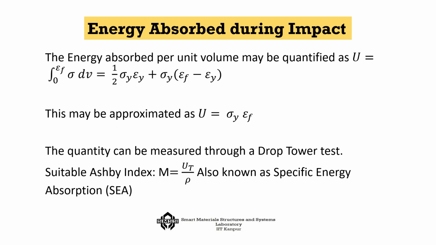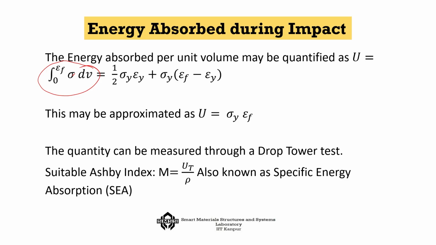Well, the first important quantification is really how much energy is absorbed per unit volume, and that means you have to consider in the picture that starting from the strain level 0 to epsilon f, okay, that is the failure point, how much is the total energy that is getting absorbed into the system.